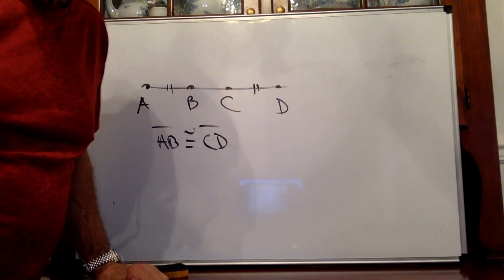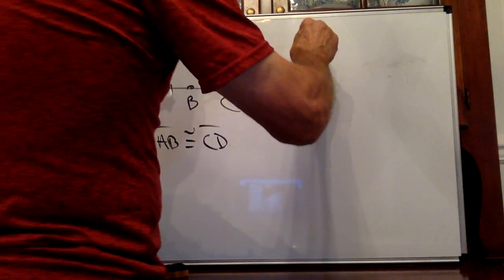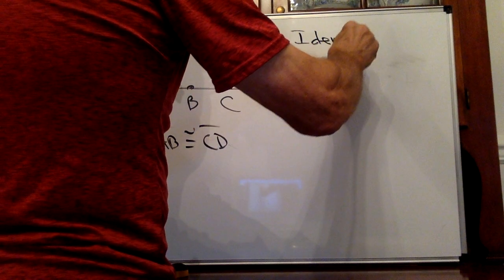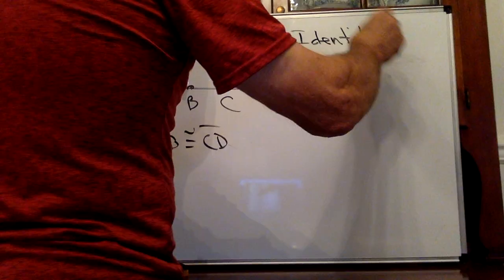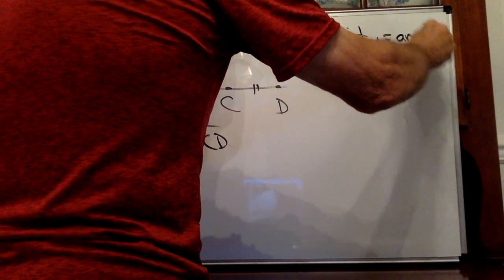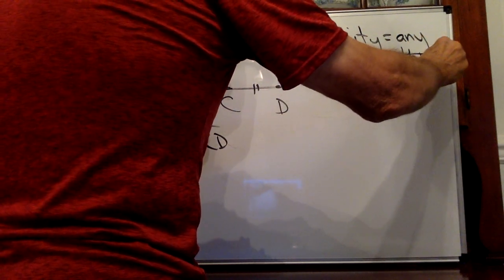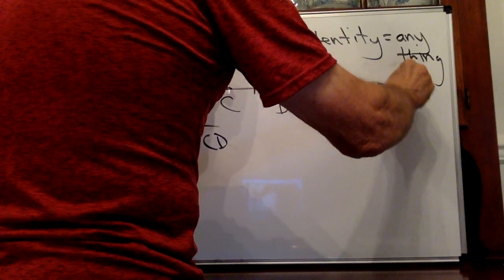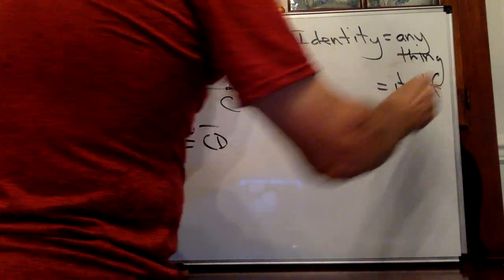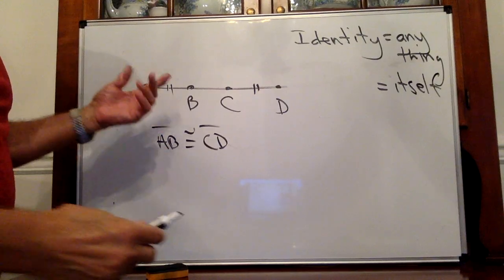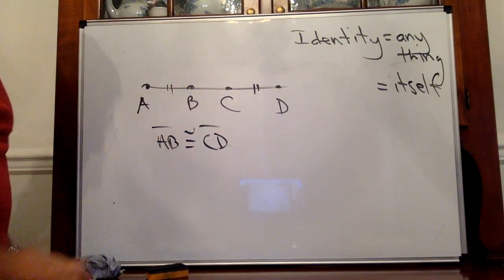That's called the identity property. Anything is equal to itself. I can always say BC is equal to itself.